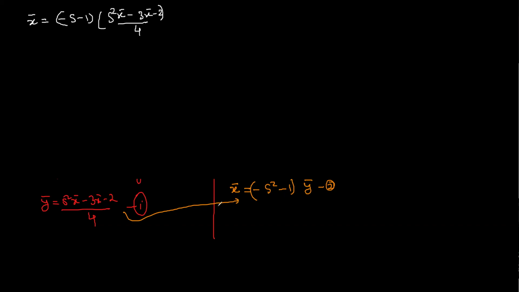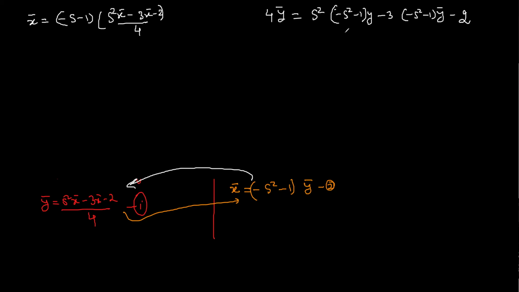You can do one more thing. Put the value of x bar here. Let's suppose 4 is multiplied on both sides. s square x bar is, right.